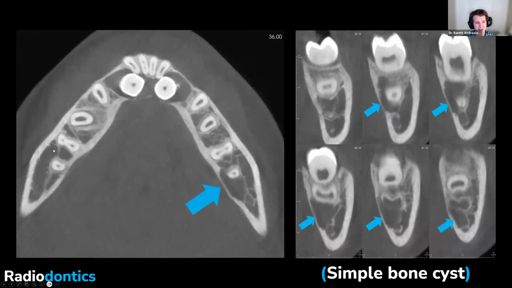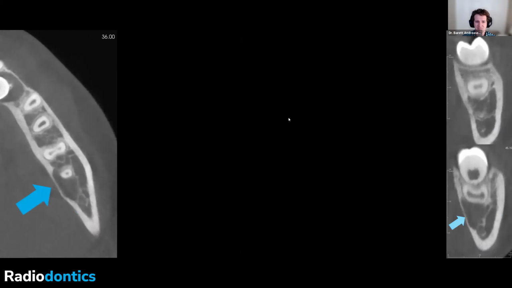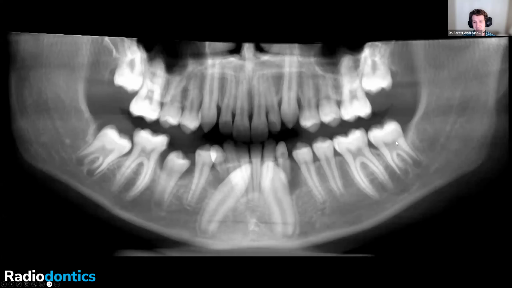If you're just looking at these trabecular spaces, you're going to miss this radiolucency here. It's really the thinning of this cortex that's the only indication that pathology is present. And then if you just have 2D imaging, you're not going to pick up on this lesion, right? It's very, very subtle, very early at this stage. You need 3D imaging to pick everything up.